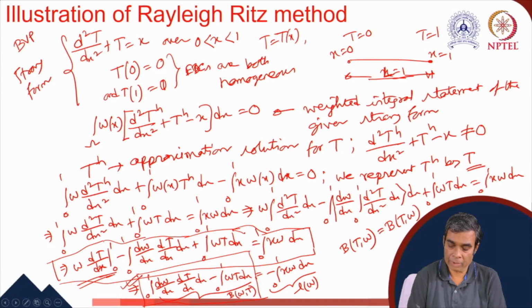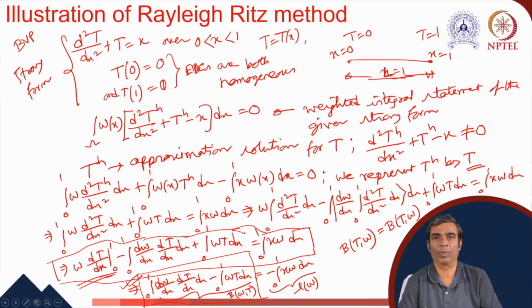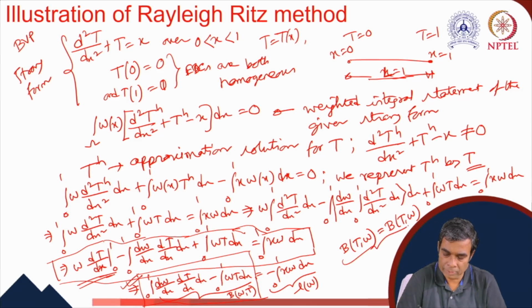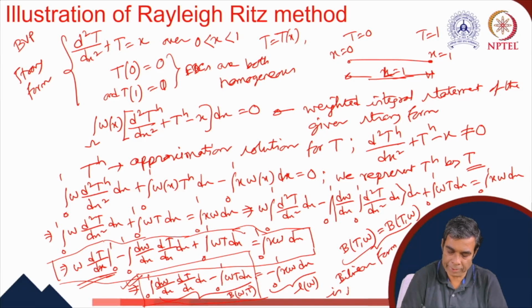So from here we understand that the bilinear form on the left hand side is symmetric also. So in this case we are dealing with a self adjoint problem. The bilinear form is symmetric.